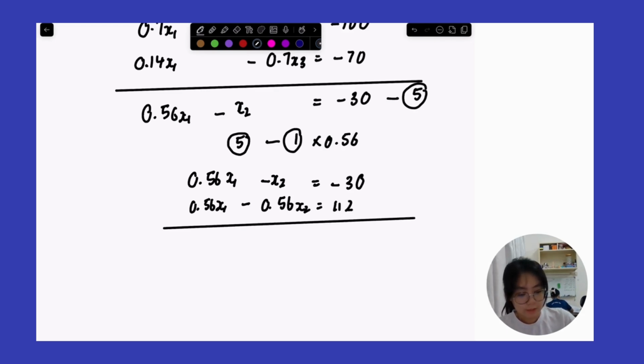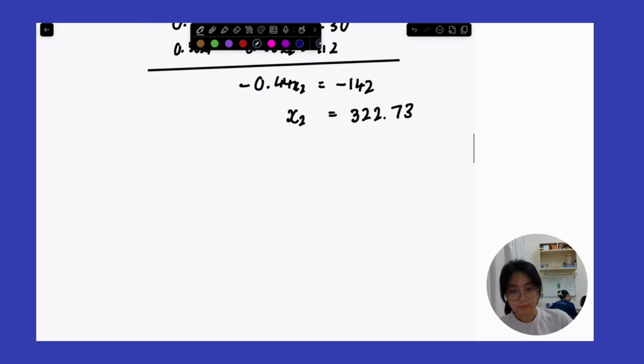So negative x2 minus negative 0.56x2 will become negative 0.44x2 equal to negative 142.